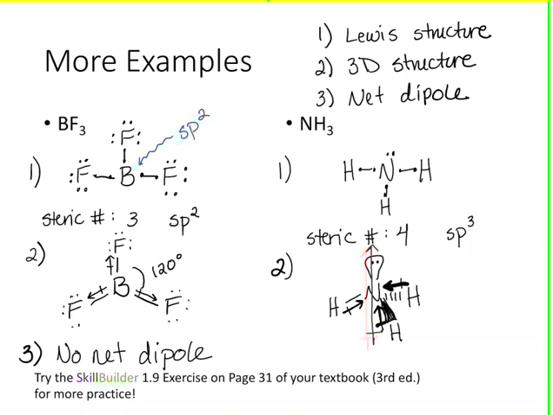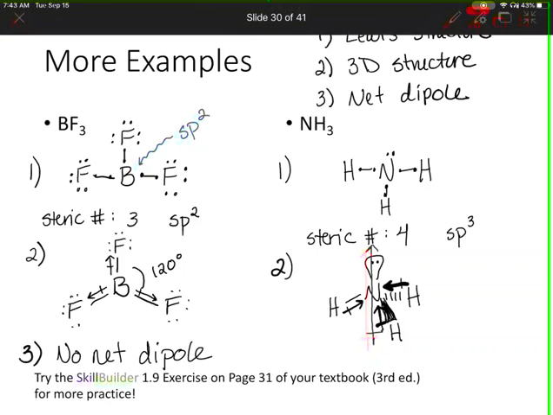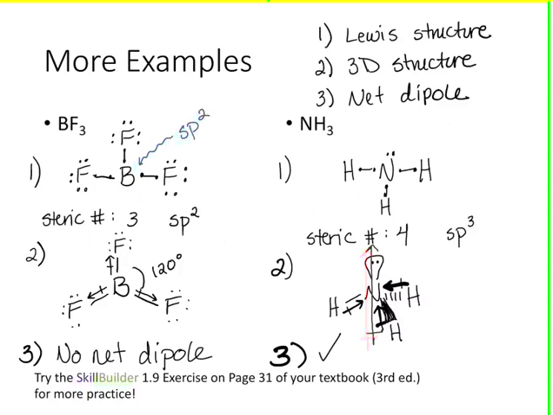If they're all climbing upwards, then they're all going in the same direction, and that means we have a net dipole towards nitrogen. Okay, so then number 3, yes, we do have a dipole. Oh, I went ahead of myself here.